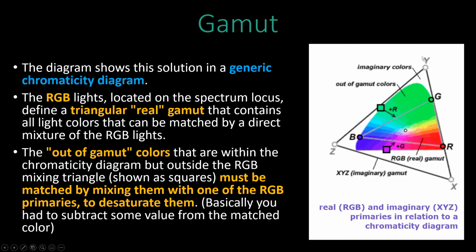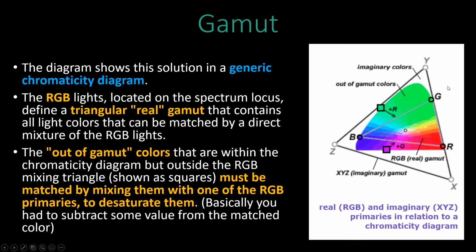Except that the colors here, these three points of the triangle, are imaginary. They don't really exist as colors. They exist as a theoretical color that you would have if you had an ultra red or something. So this is a mathematical way to go around this problem.